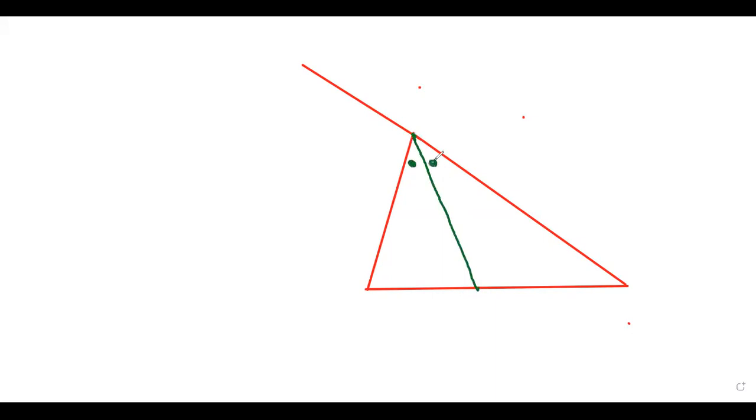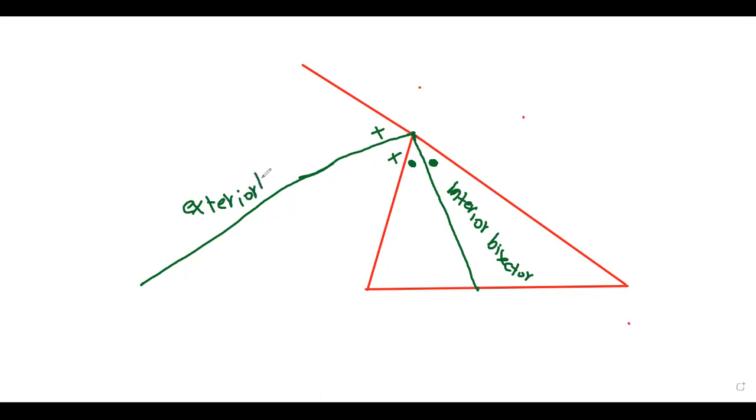The size of this angle is equal to the size of this angle. And I'm going to draw an exterior bisector for this angle, so the size of this angle is equal to the size of this angle. This is the interior bisector, and this is the exterior bisector.